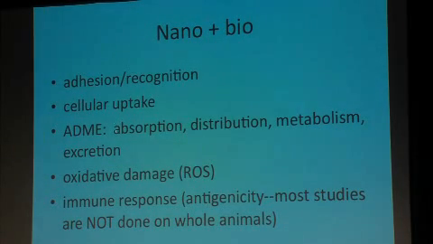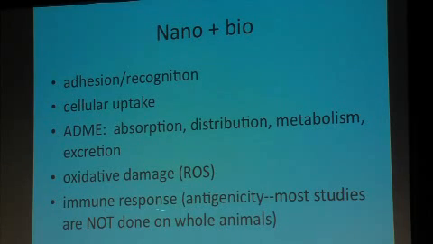Then there's the standard absorption, distribution, metabolism, and excretion issues that have to be considered in toxicological evaluation of any material, because a living system interacts with the materials that it takes inside itself. Nanomaterials appear to have some potential for oxidative damage, and so that means you need to worry about exposure of the nanomaterial to the biological system and also to sunlight and other sources of energy that can kick off this chain of oxidative damage.